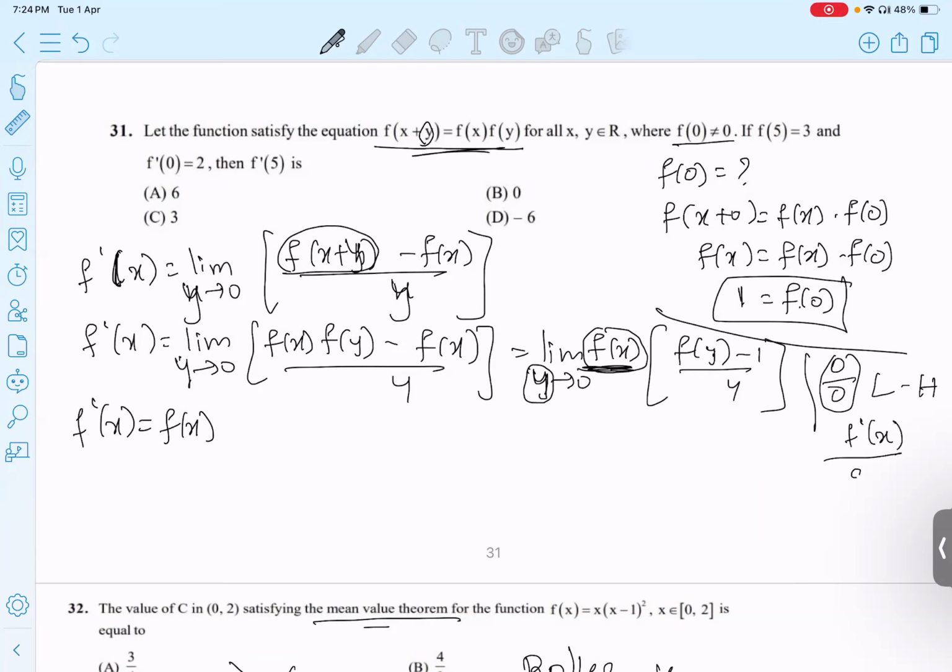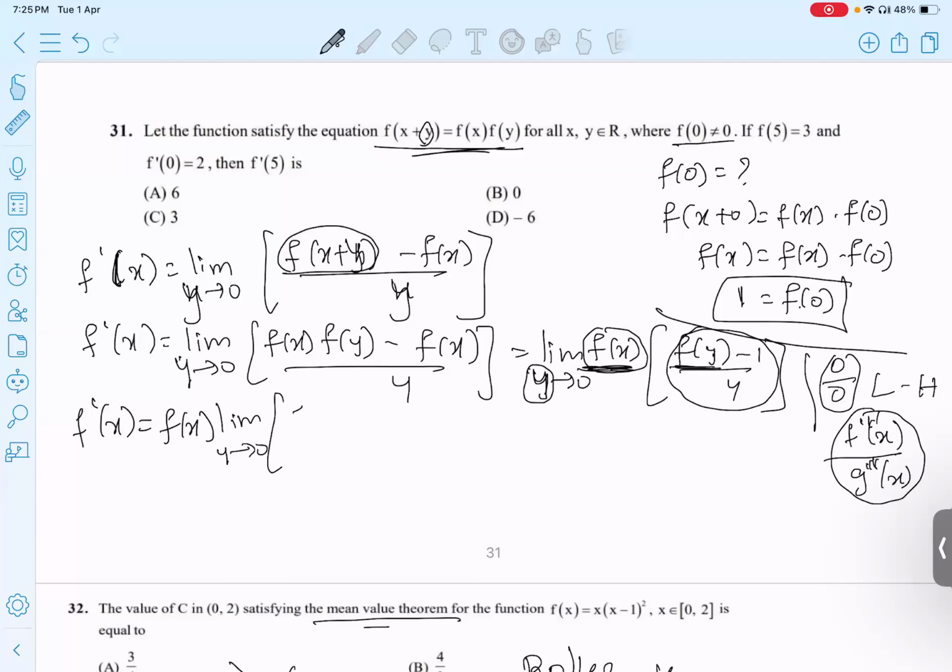Differentiate the numerator separately, differentiate the denominator separately until we get a finite value. If we don't get a finite value, and we are again getting 0 by 0 form, keep on differentiating a number of times. Okay. So now, since this is a 0 by 0 form, we have to differentiate the numerator separately and the denominator separately.